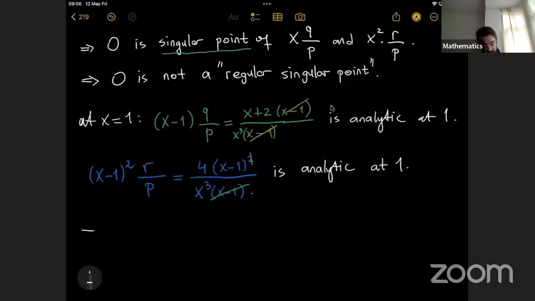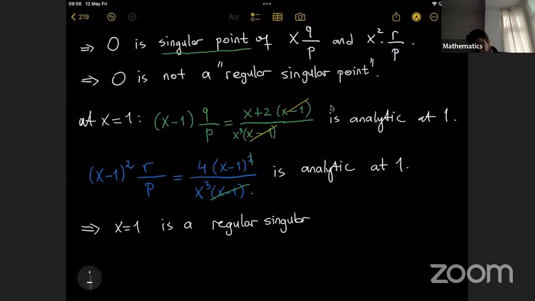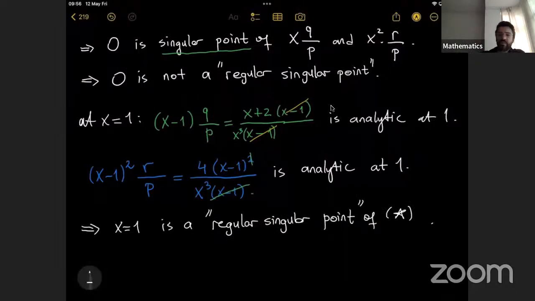So this tells you that x is equal to 1 is a regular singular point of star. Is it clear what we are doing here?